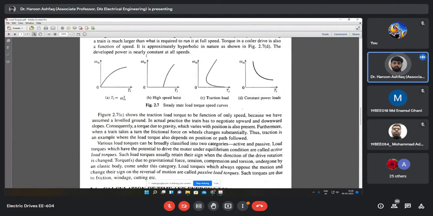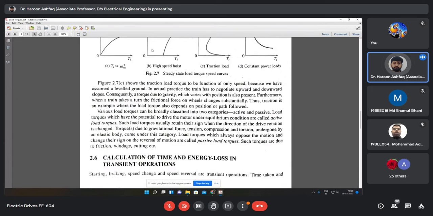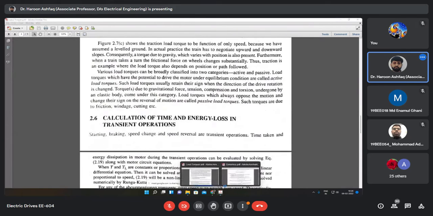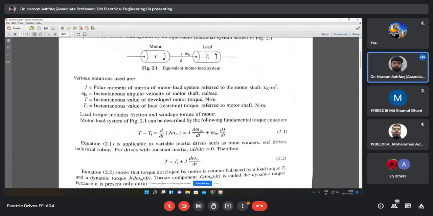ठीक है, तो still going back to our basic equation. ये वाली एक simple motor load system था आपके पास and you had a torque balance equation like this of this equivalent motor load system: T = TL + J dωm/dt.